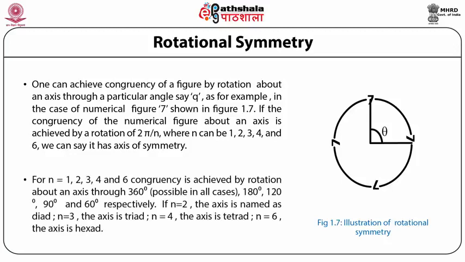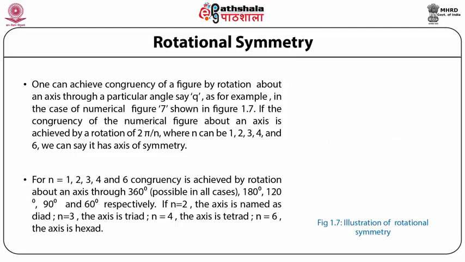For n equal to 1, 2, 3, 4, and 6, congruency is achieved by rotation through 360 degrees, 180 degrees, 120 degrees, 90 degrees, and 60 degrees respectively.